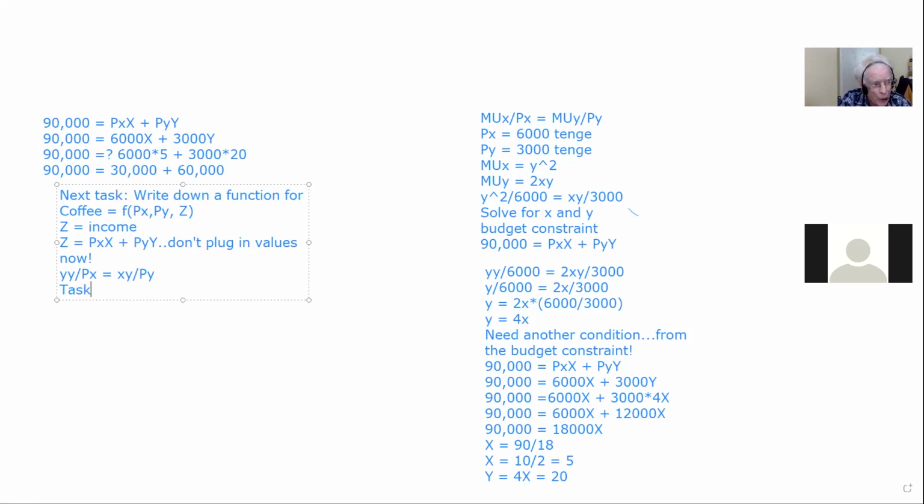So the problem now is to use these two conditions to write down a demand function for coffee.